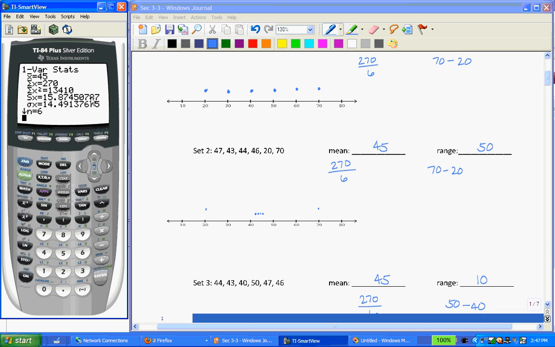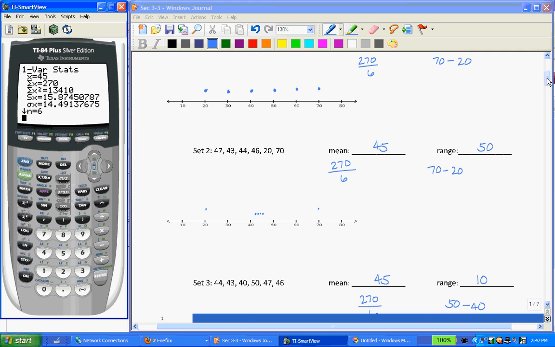Now, I didn't mention this here yet, but remember in section 3.2 we talked about notation between a population and a sample. Populations are going to use Greek letters, samples are going to use regular letters. And notice you have an Sx here and a sigma x here, and they're similar to each other, but they're not exactly the same.